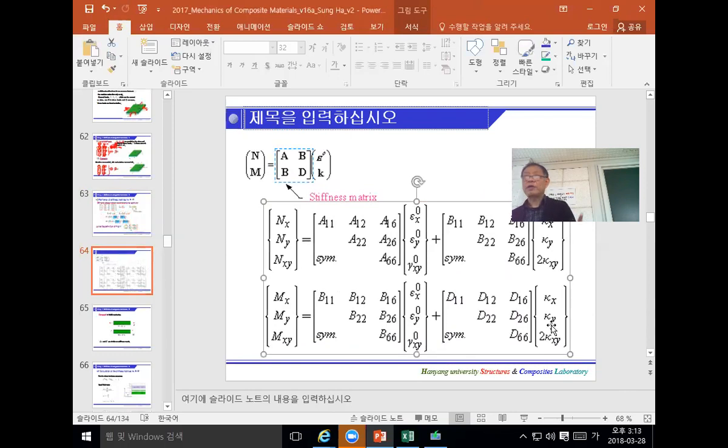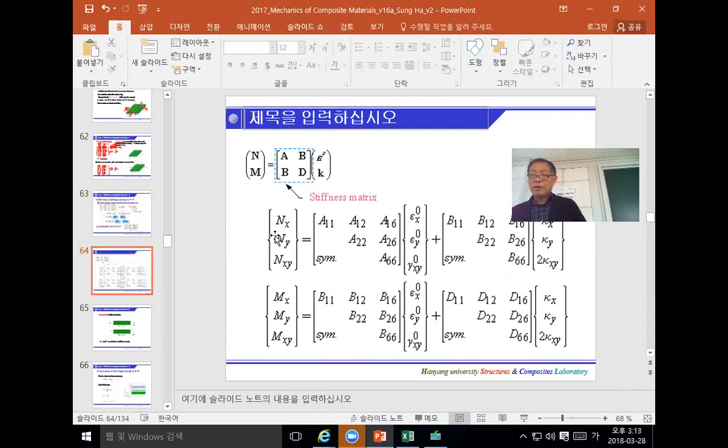In terms of components, we have N 3 terms, M 3 terms, and this ABD is a total 6 by 6 matrix. So they are the so-famous matrix called the ABD matrix.